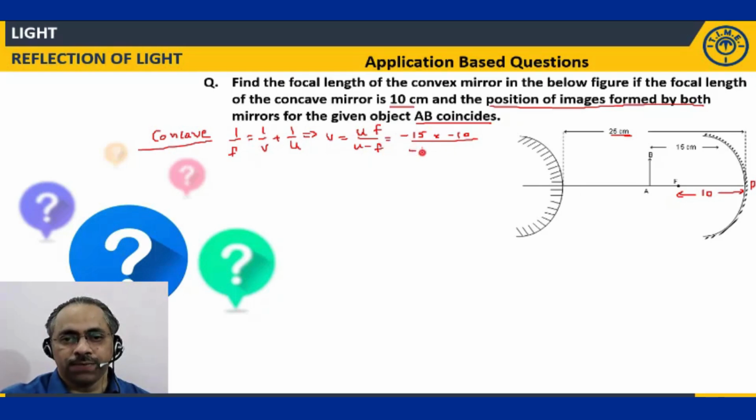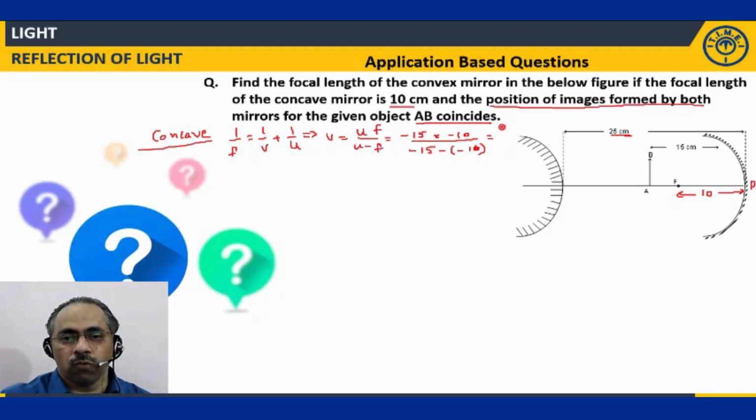So U is minus 15, minus minus 10. Simply you can calculate here. Minus 15 into minus 10 is plus 150, divided by minus 15 plus 10.